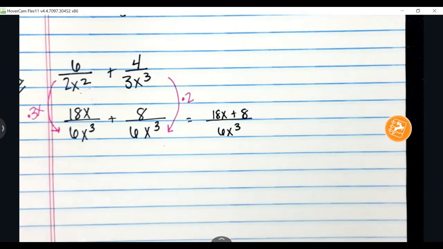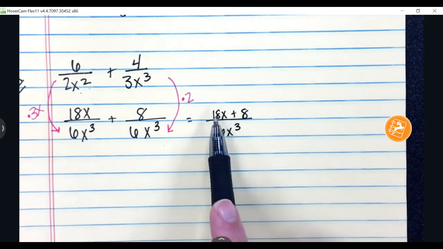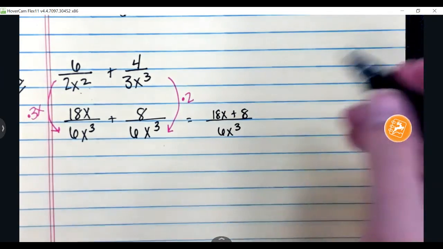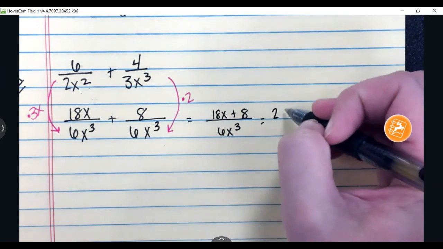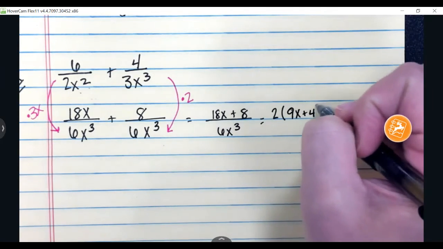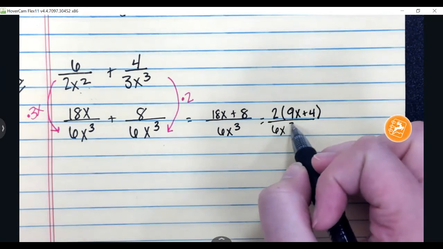So now I got to start asking about simplifying. Can I make an eye chart? No, no eye chart. There's not even an x squared in there. What can I do with 18x plus 8? Take out a 2. Very good. I'm going to take a 2 out. And then I'll have 9x plus 4 over 6x cubed.